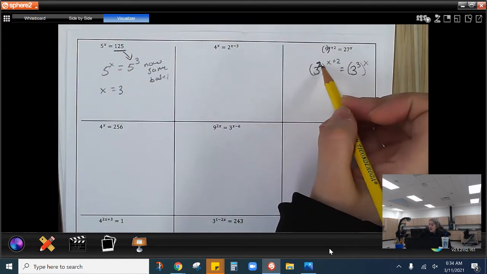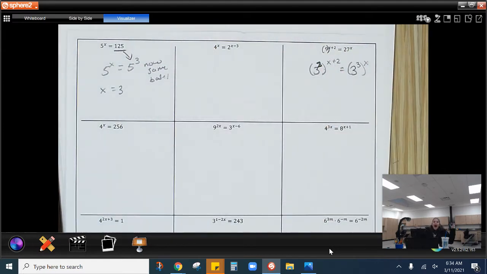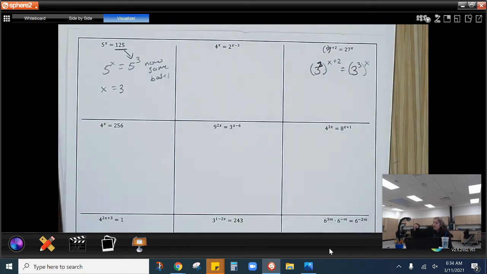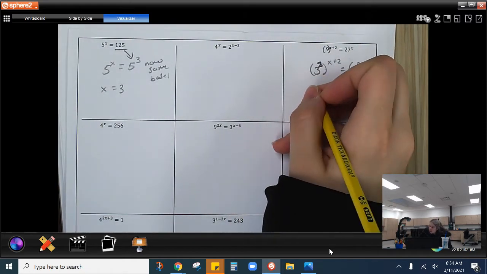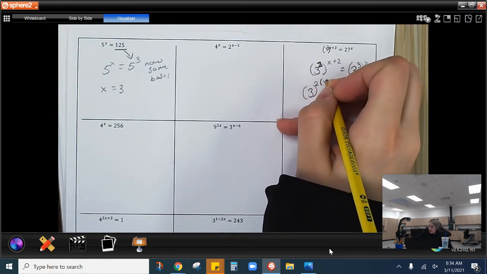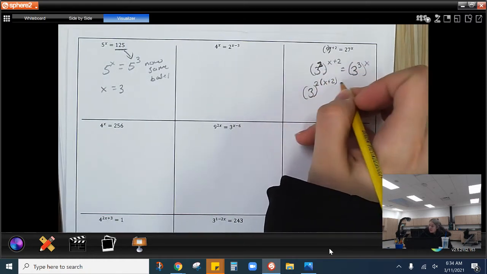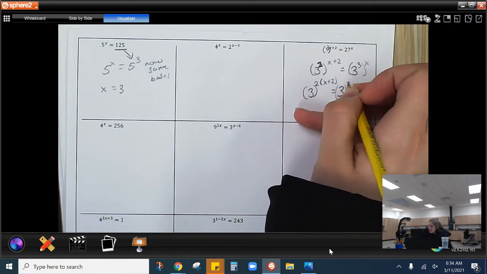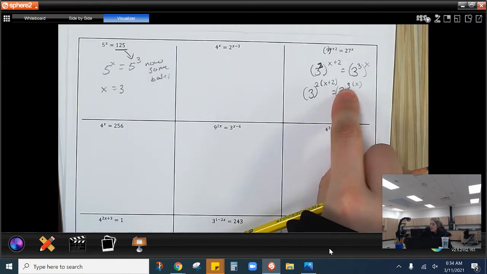I've got a power to a power here. I know, we learned all those rules for a reason. It's great. So a power to a power says that I need to multiply that out. So I'm going to leave my 3 inside my parentheses here, the 2 is going to come on the outside, and then I'm going to put parentheses around this. Why am I doing that? I'm trying to help you see how we are going to use the power of a power.